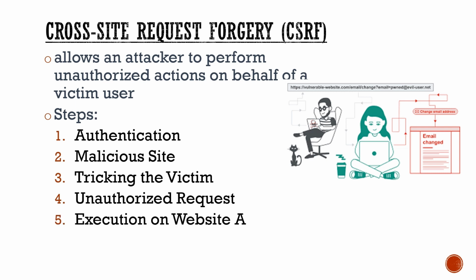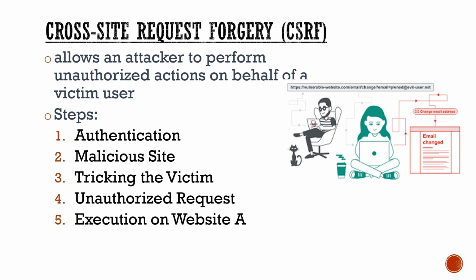Okay, next is the execution of the transaction on the first website, the authenticated one. Since the request comes from the victim's browser with valid authentication credentials, the first website, or website A, mistakenly interprets the request as legitimate and executes the action on the user's behalf, effectively performing the attacker's intended actions.